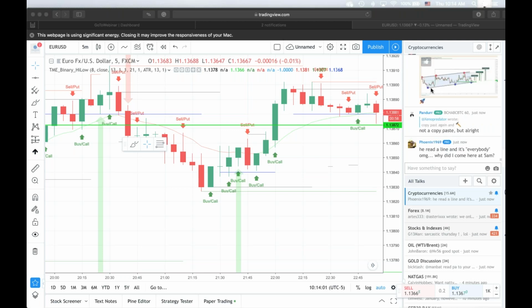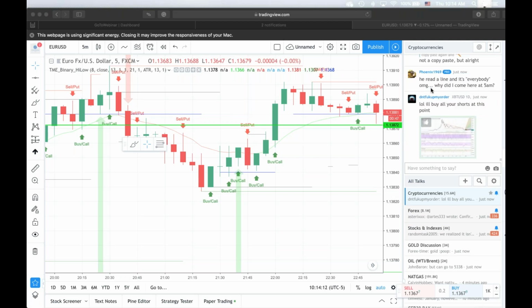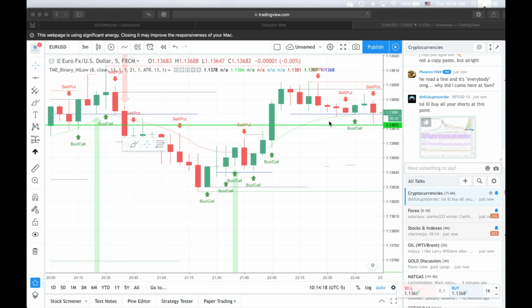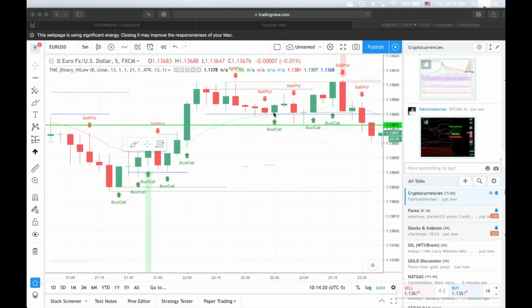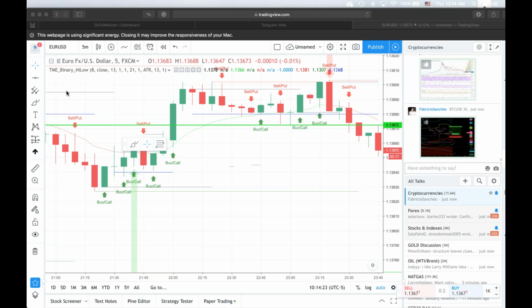Dynamic support and resistance means that it's following the price action and creating a shape that shows you the dynamic of the support and resistance instead of a horizontal line. So you can use that line as well and follow it. For example, it can be shown like this.